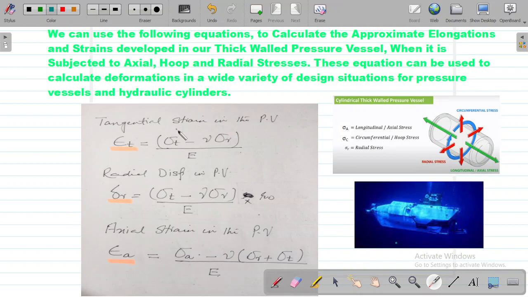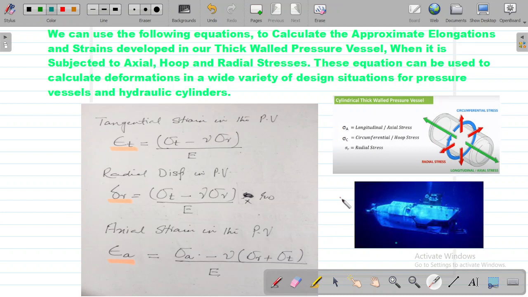So these equations can help us calculate the elongations, displacements and strains developed in our pressure vessel as a result of these longitudinal, radial, and circumferential stresses.